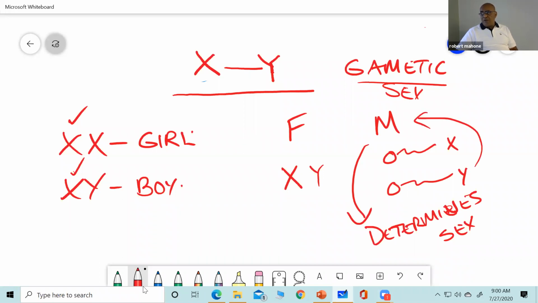And which parent determines the sex of the child? The male. Know the two combinations, XX girl, XY boy. Know that only the male can make the Y chromosome, and therefore the male determines the sex of the child.